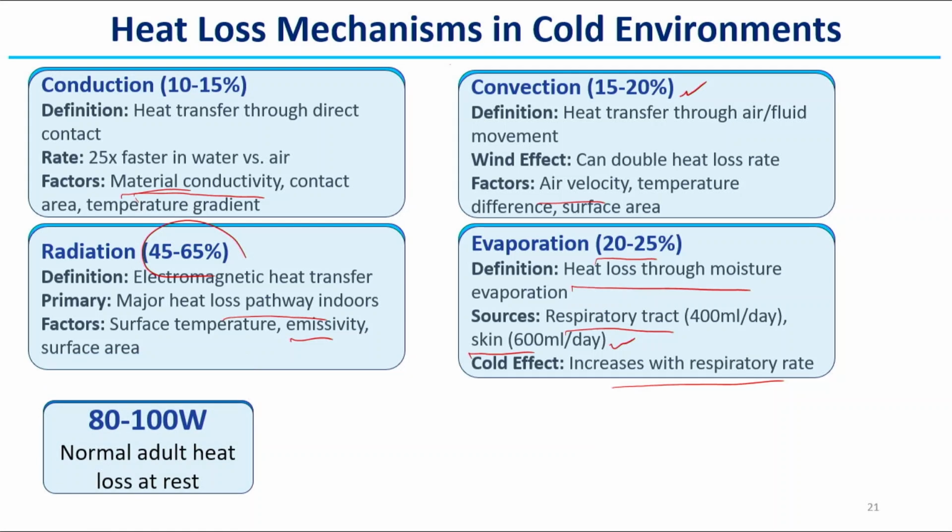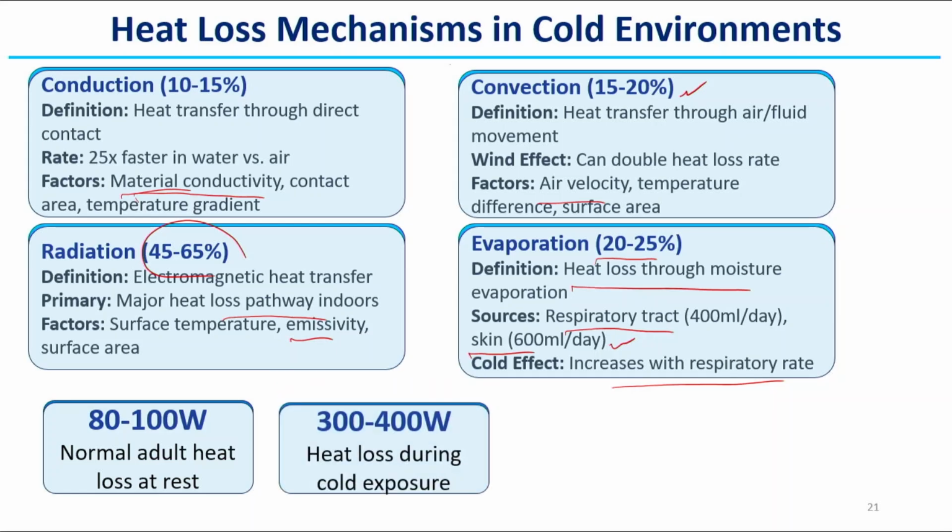A normal adult at rest generates a heat of typically 80 to 100 watts. So, when one person is sitting idle at a normal temperature, say around 22 to 23 degrees Celsius, he will generate metabolic heat of around 80 to 100 watts, but in cold stress the body will actually generate more metabolic heat.